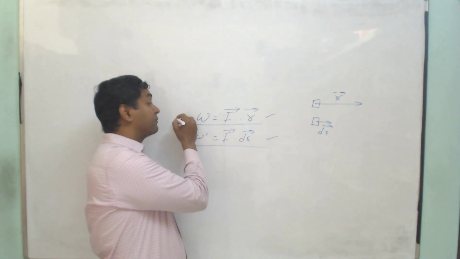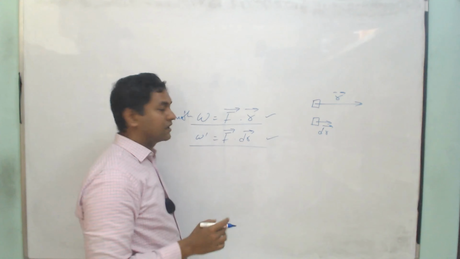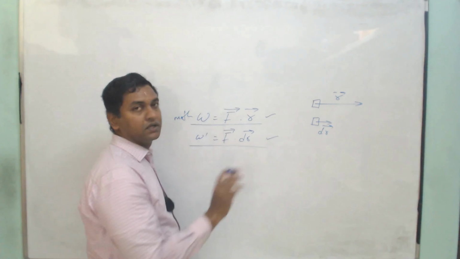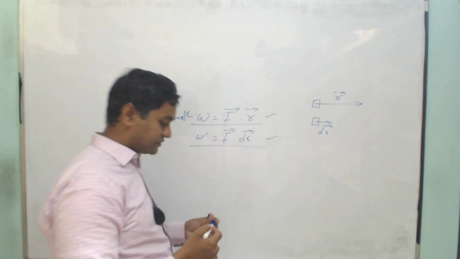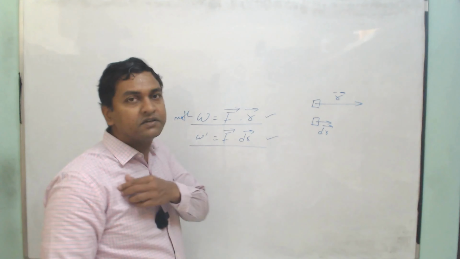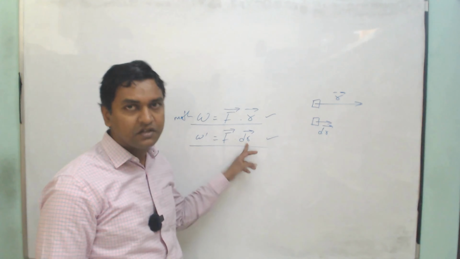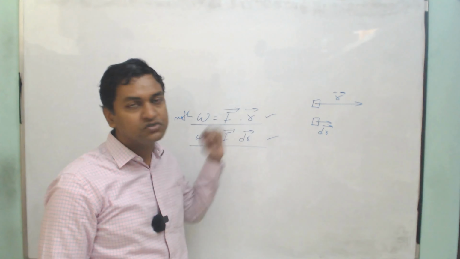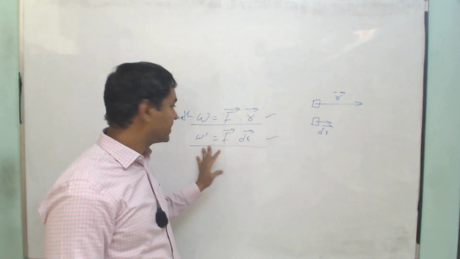Can I write the mathematical equation like this? I'm not saying these two are equal. When we write work is force into displacement, if it's the infinitely small displacement, I'll use the second equation. If it's a significant change, I'll use the first equation. That's the difference. So I can write it like this.